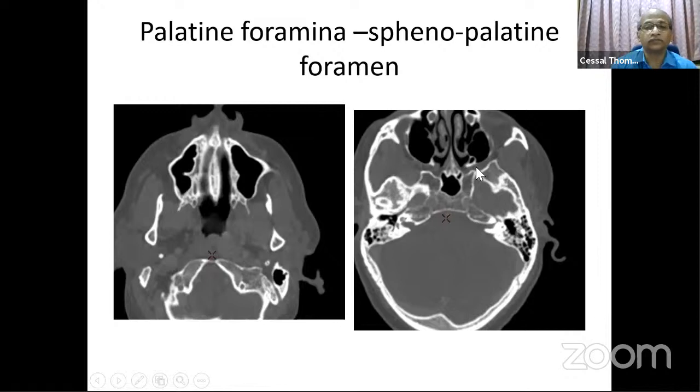And here I am seeing a canal and opening, and this is the foramen rotundum. So this is the middle cranial fossa, and this is the root of the maxillary nerve. So just see the relationship: the pterygopalatine fossa, posteriorly the foramen rotundum, and the middle cranial fossa.